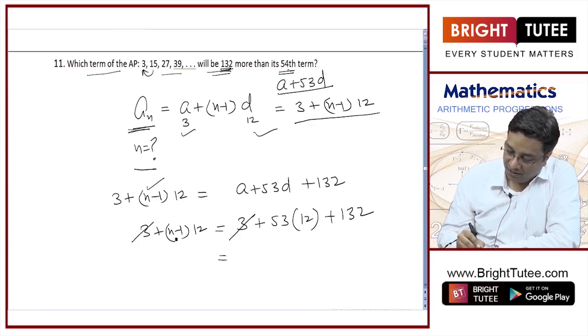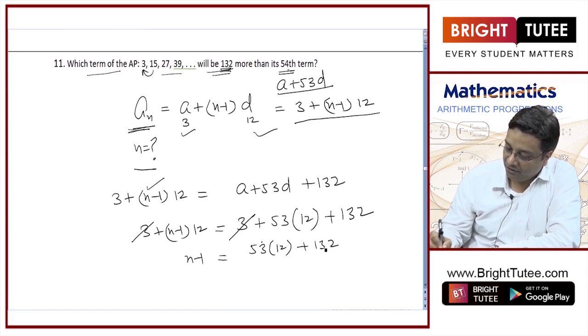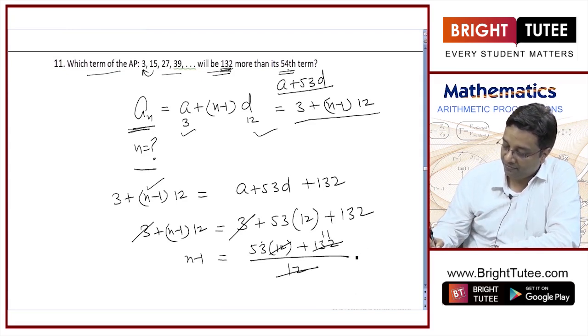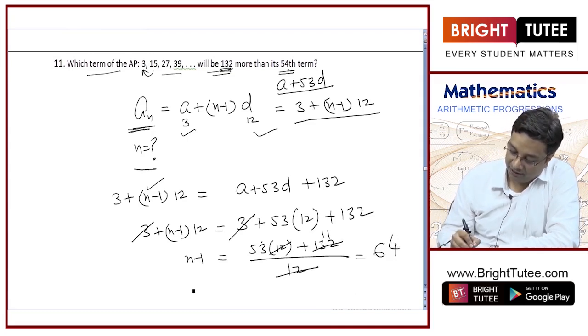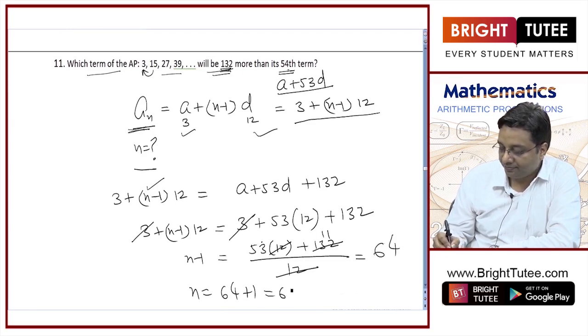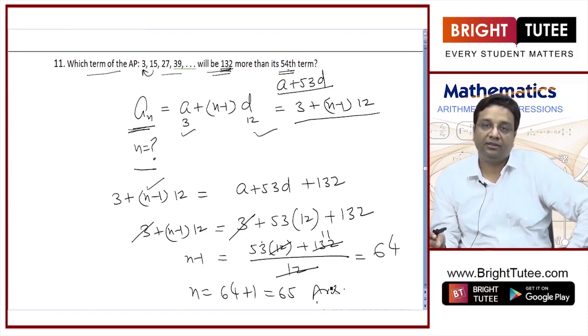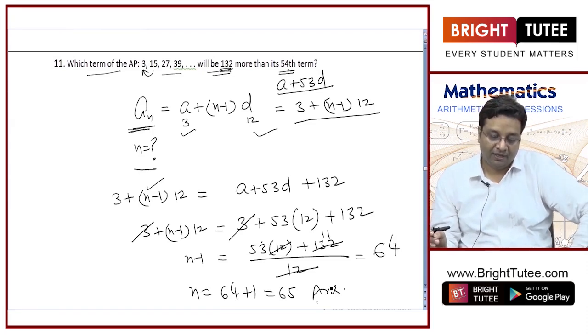N minus 1 will be equal to 53 into 12 plus 132 by 12. So 12 gets cancelled in this term, and this term will become 12 ones are 12, 11. So this is equal to 64, right? So n is equal to 64 plus 1, 65. So this is the answer to this question, right?